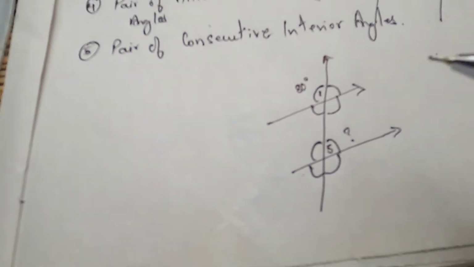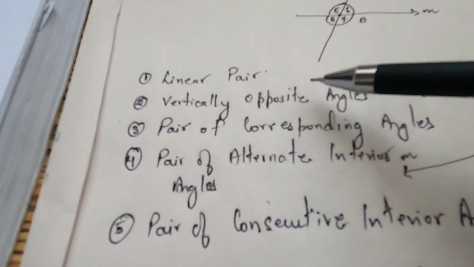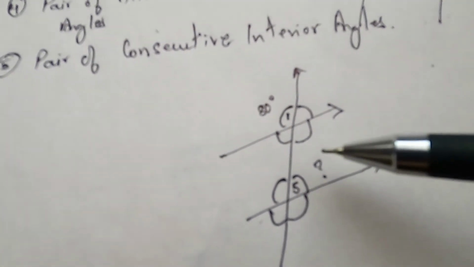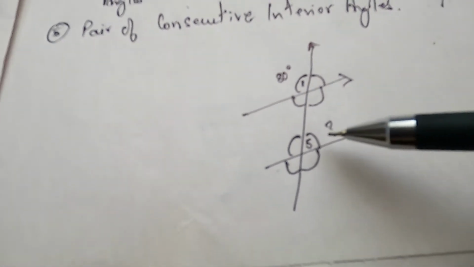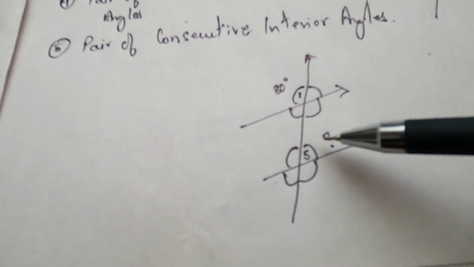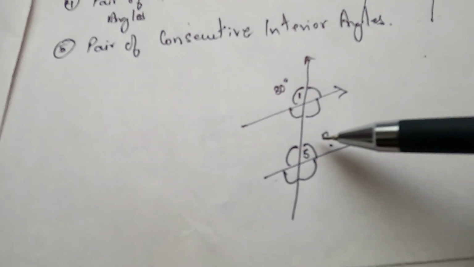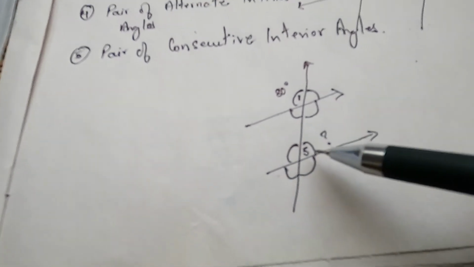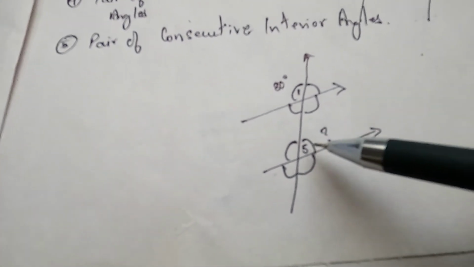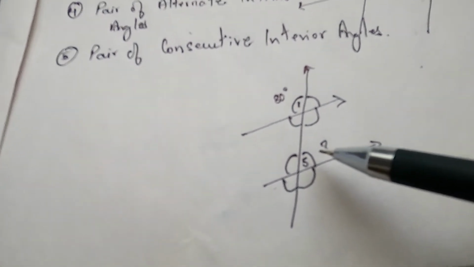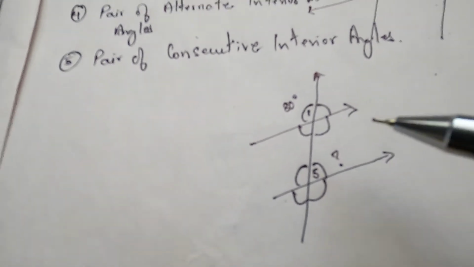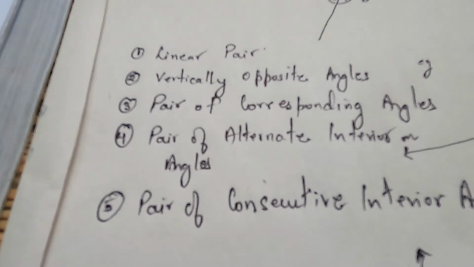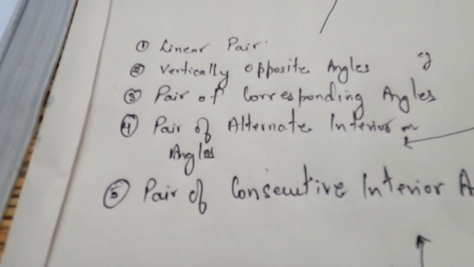These 5 pairs of angles will enable us to find the measurement of angle 5. Since we have no knowledge of the pairs of angles, it becomes difficult to find the measurement of angle 5. So we will come back to the sum after we have studied the 5 pairs of angles.